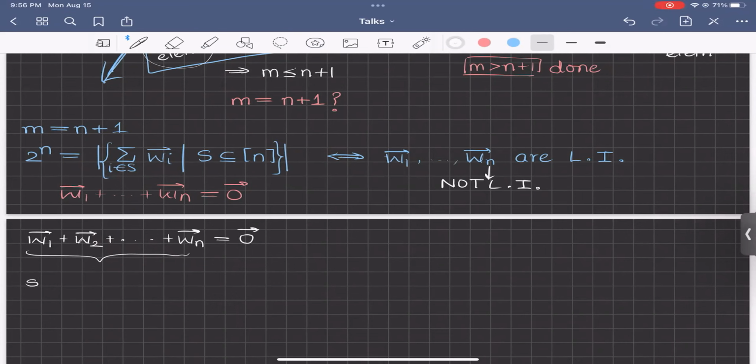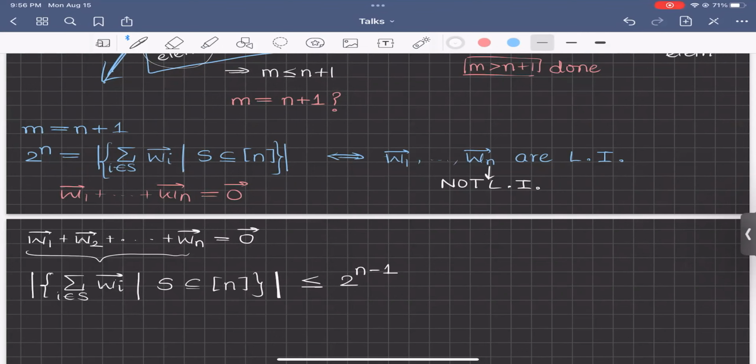So what can we say about the size of this set now? It is smaller than 2 to the n. It's enough to say it's smaller, but can you be more precise? If it isn't linearly independent, then we can just take its span, and the span will have dimension n minus 1 or smaller, so the size is at most 2 to the n minus 1.